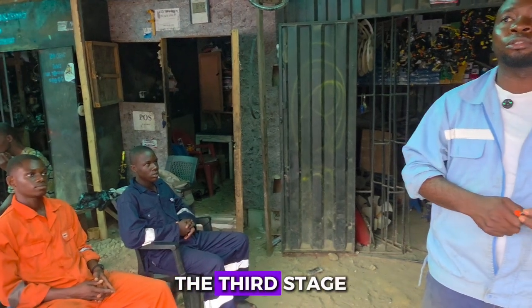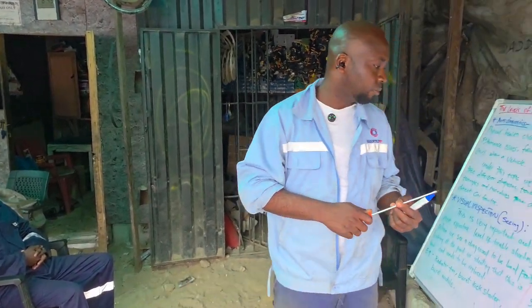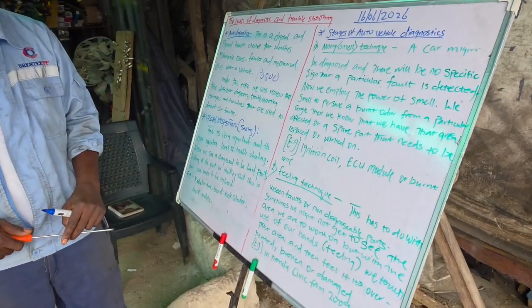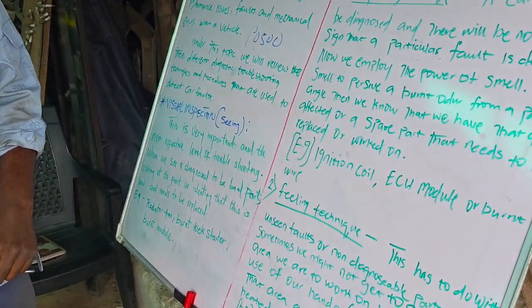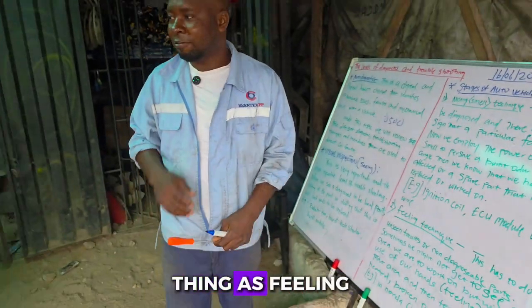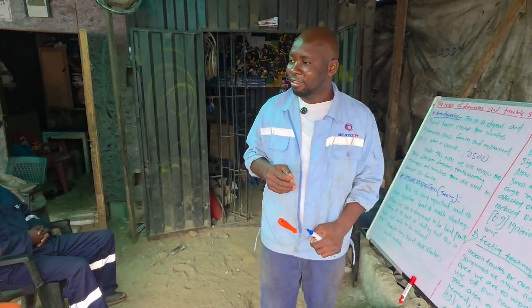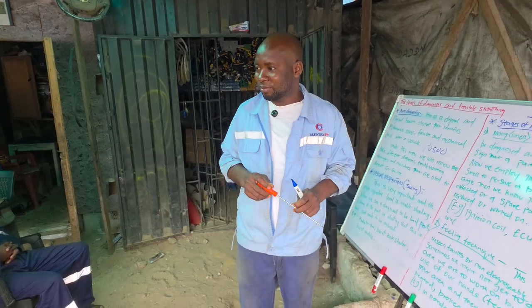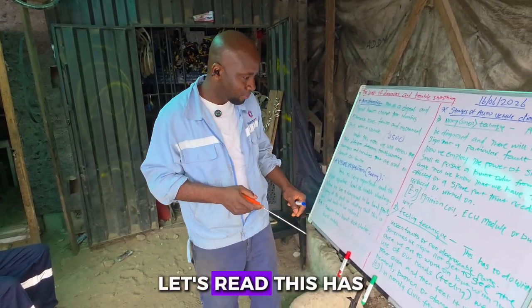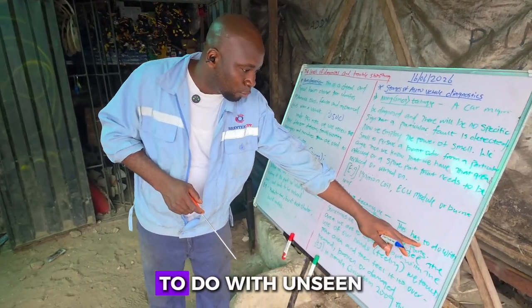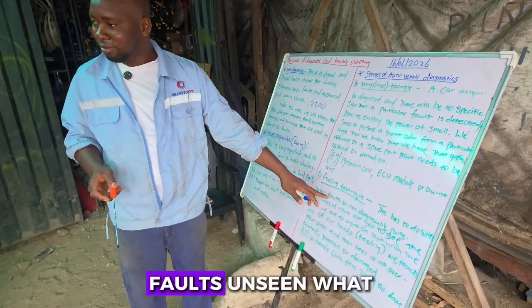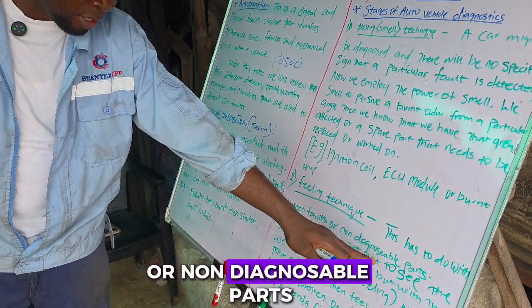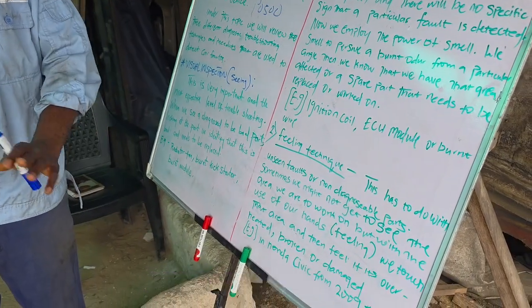Now let's go to the third one. Feeling techniques. What did I say? Feeling. It's the same thing as feeling in the normal English language. Just feeling techniques. Let's read. This has to do with unseen faults, or non-diagnosable parts. There are some parts I cannot diagnose.